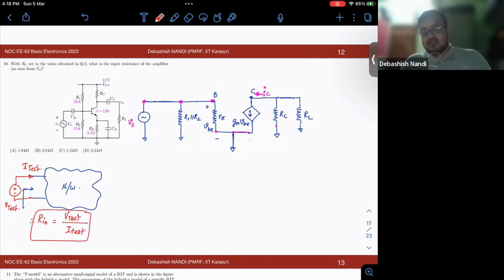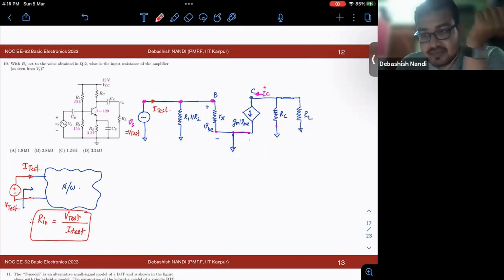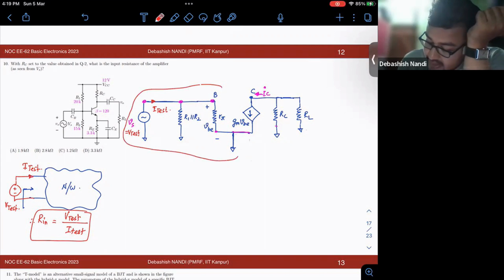As simple as that. So in this case, let us say my Vs is V test and this current is my I test, right? Now what is this current? If I see this part of the network, this current is going through this and this.